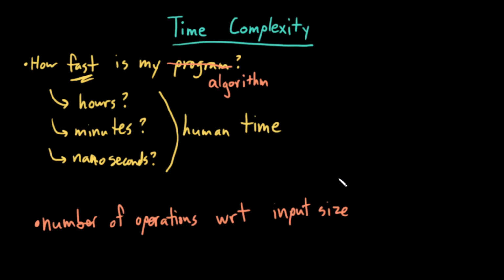So given some input data set of size n, how many operations roughly have to be performed to compute it? So input size, let's say, is n. So to describe time complexity, we want to have some metric of the number of operations. And we'll be talking about different notations of describing time complexity.